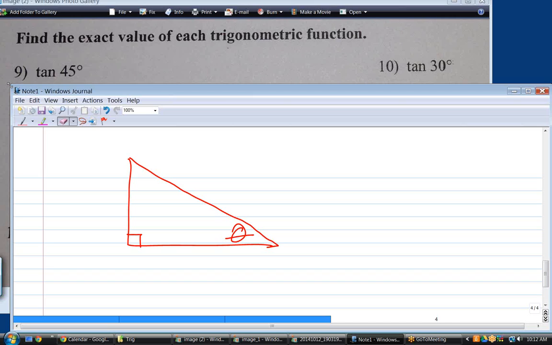You don't really need to memorize what the tan of 45 is. You just have to be able to draw the two triangles. I'm going to let you dimension these for me.